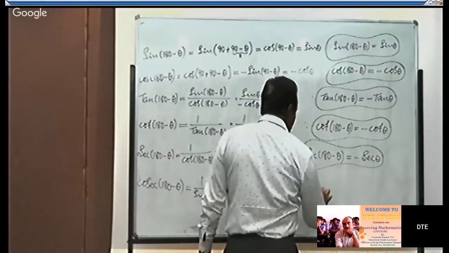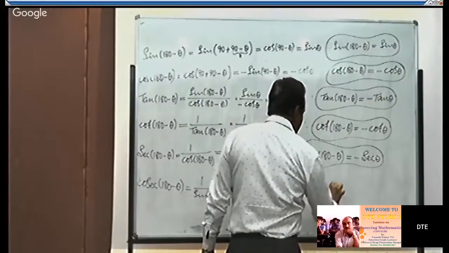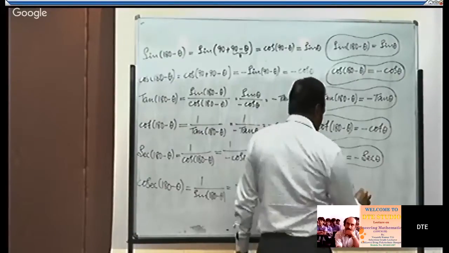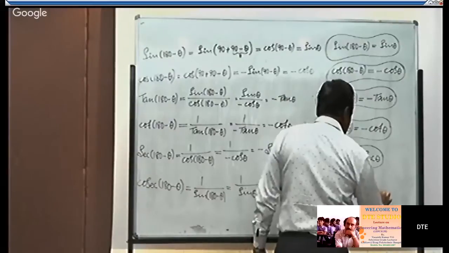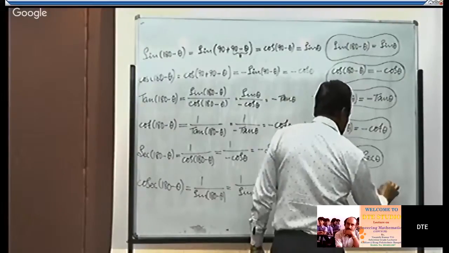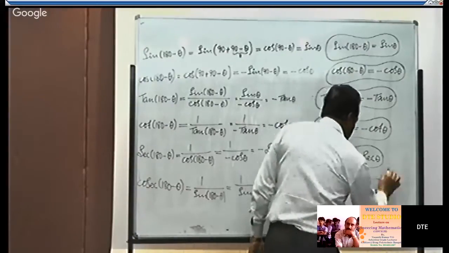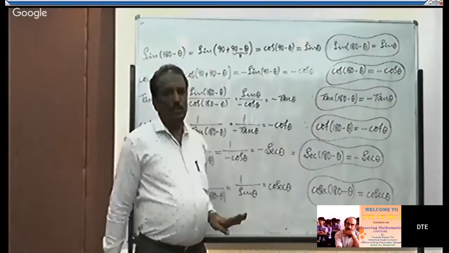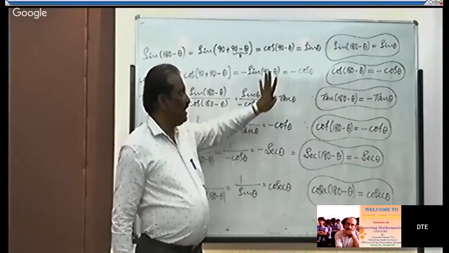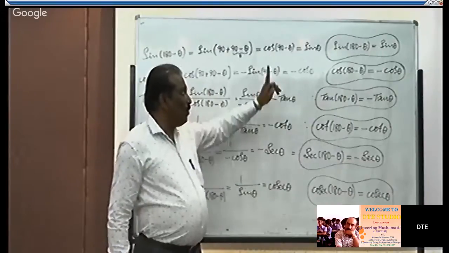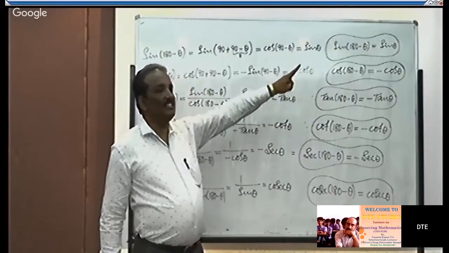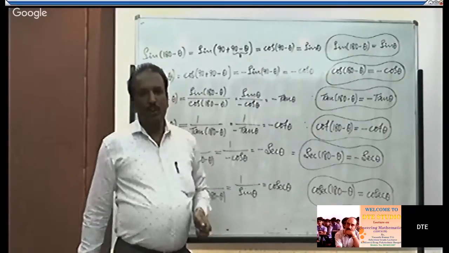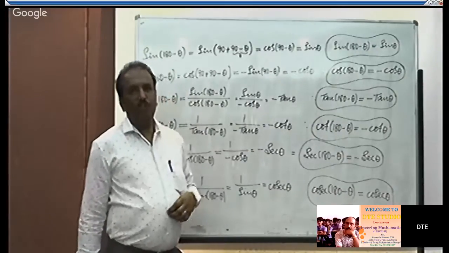Therefore, the conclusion is cosecant of 180 minus theta is equal to cosecant theta. So observe all the 6 results. Once again, I want to say, in this fashion, 180 minus theta is allied to theta when it is connected to all the 6 trigonometric functions.